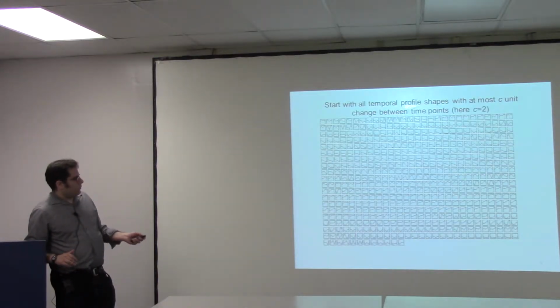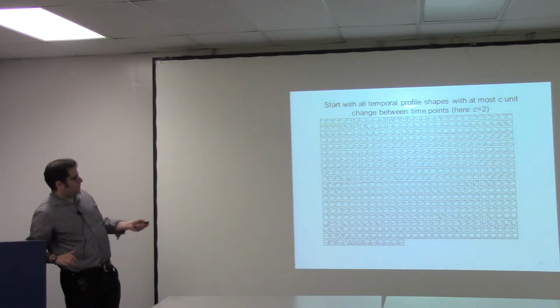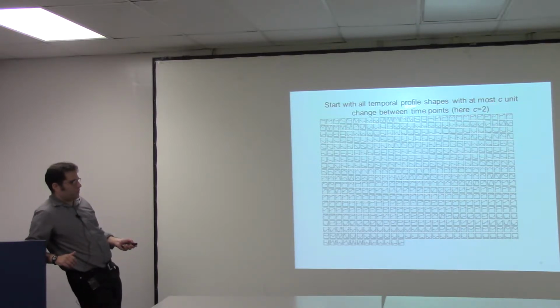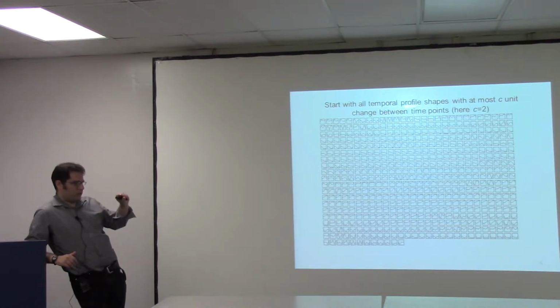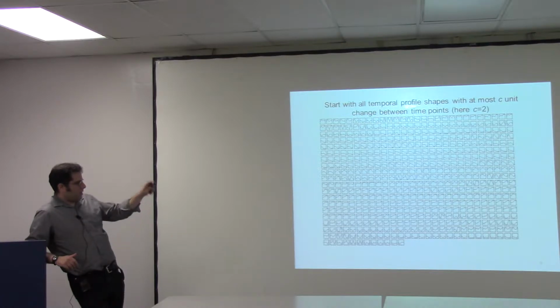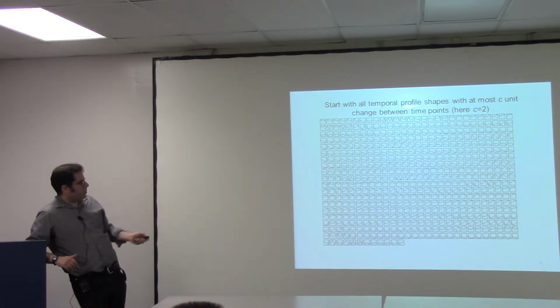In this method, we start with all shapes for which there's at most C units between any two time points of change. So between any two consecutive time points, you could either go up 2 units, go up 1 unit, hold steady, go down 1 unit, or go down 2 units. Then you have that trajectory across each time point.